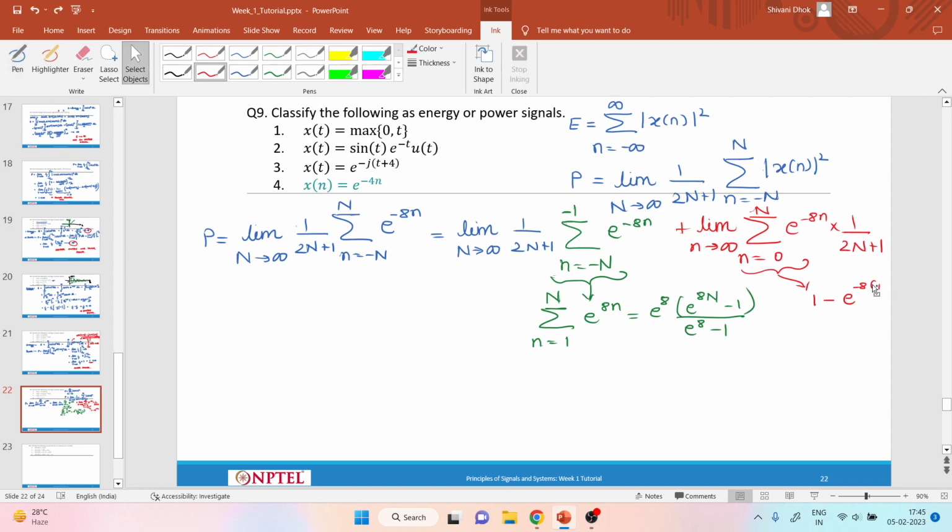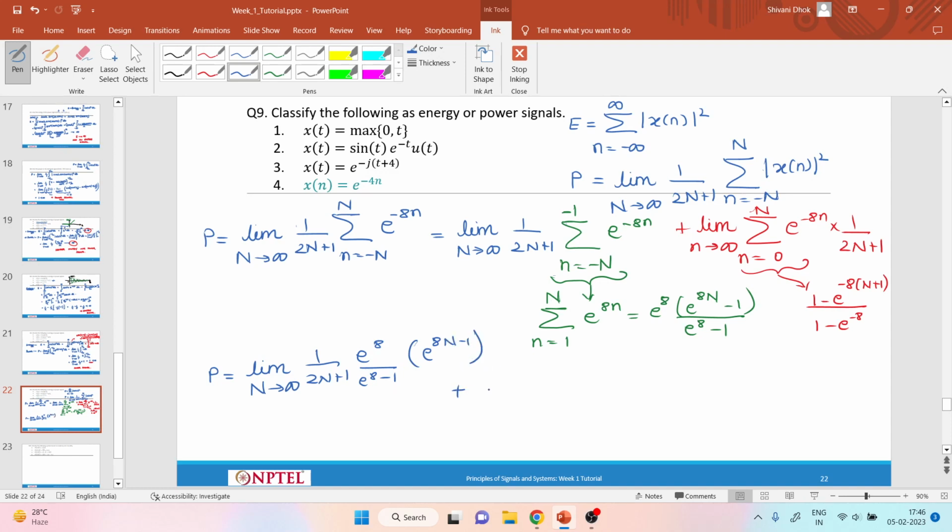Now let us substitute it in the power equation. This is equal to limit n tending to infinity 1 by 2n plus 1 into e power 8 upon e power 8 minus 1 into e power 8n minus 1, plus limit n tending to infinity 1 by 2n plus 1 into 1 minus e power minus 8 n plus 1 upon 1 minus e power minus 8.